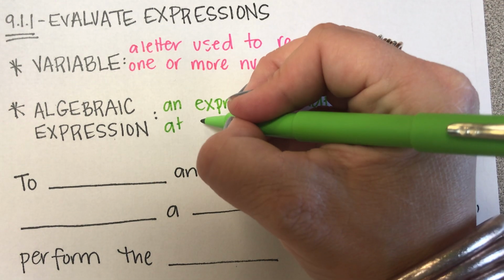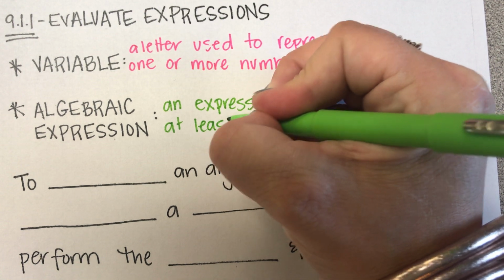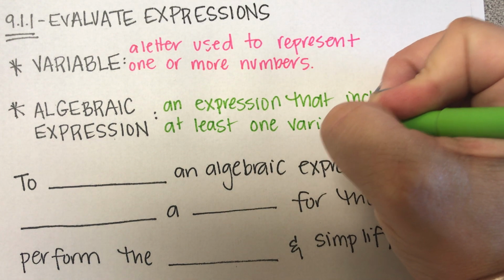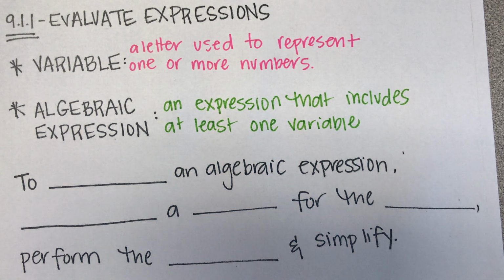I was going to say one or more, but at least one variable. So a variable is a letter that is used to represent a number. That could be X, Y, C, P, it really doesn't matter. And then an algebraic expression is just an expression that contains at least one variable.